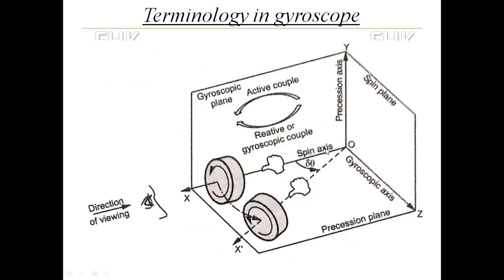This is the spin axis. So the spin axis is turning through angle delta theta. That turning you can see from the top view.